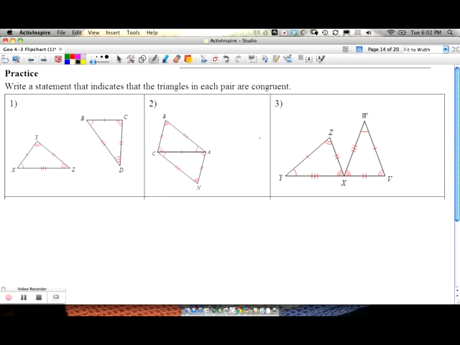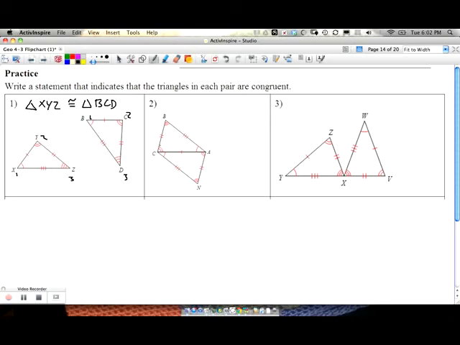Okay, so now let's go back to some simple stuff. Let's just look at the pieces and see if we can write the triangle congruence statements. So the first one, I'm going to go 1, 2, 3, and then 1, 2, 3 on the other one. That's going to be X, Y, Z, and B, C, D. That was pretty easy.